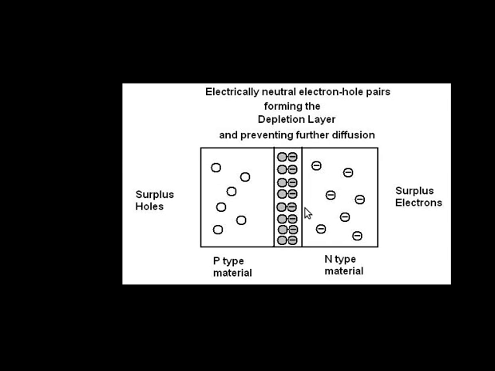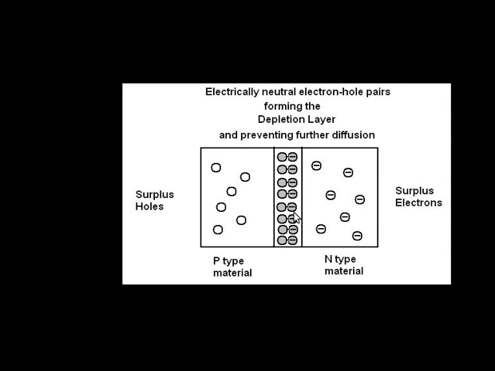And this is what's known as a diode. So whenever we have a p-n junction, it forms a diode. Typically this p-n junction is on the order of 10 to the minus 6 meters thick.